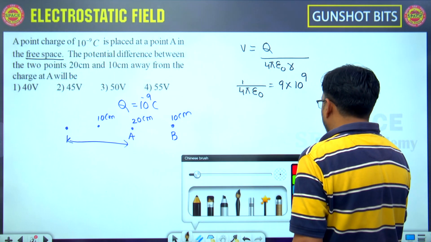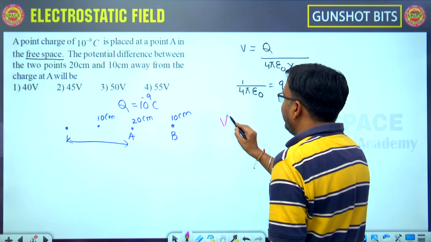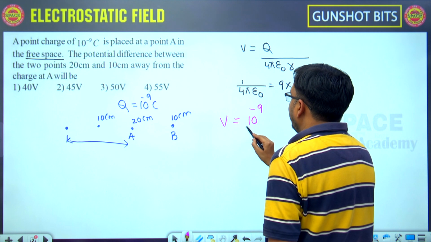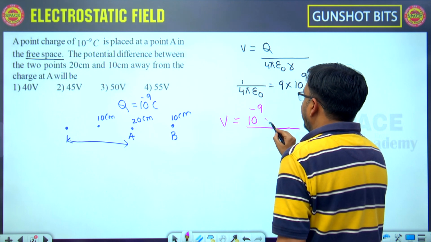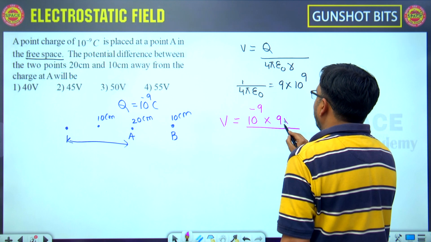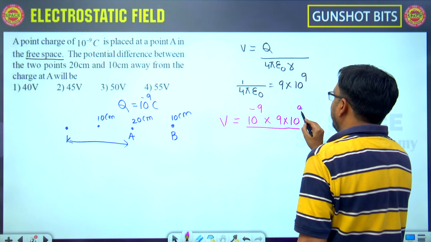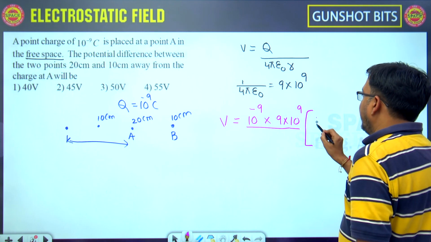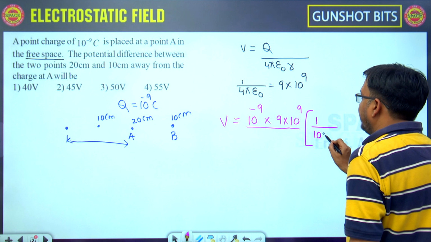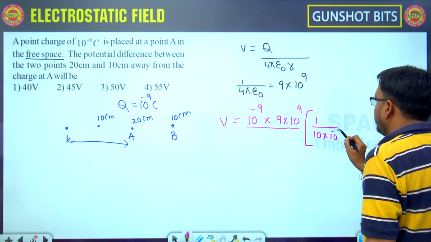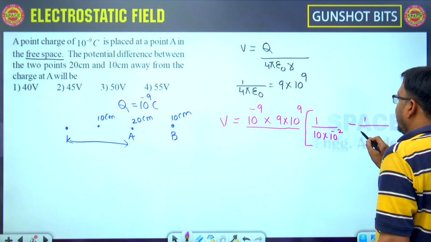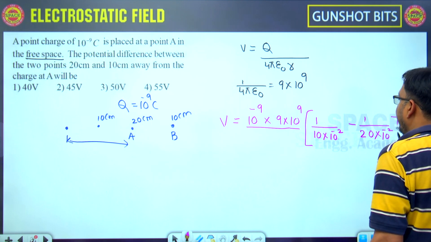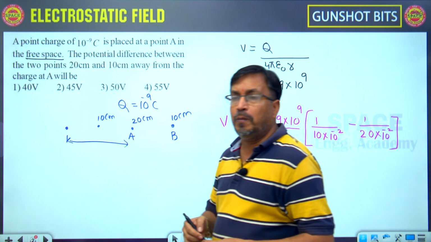So I am substituting all the given data here. V equals charge 10 power minus 9, 1 by 4 pi epsilon naught is 9 into 10 power 9, and at the 2 points, 1 by 10 centimeter is given. I am converting into meters: 10 power minus 2, minus 1 by 20 into 10 power minus 2, because the distances are given in centimeters, we are converting into meters.